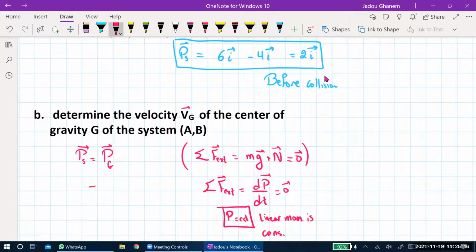So to find P of the system G, now we must write the sum of the masses of A and B. P of the system, we calculated this value previously, it's 2i. So 2i equals 2 plus 4 is 6.